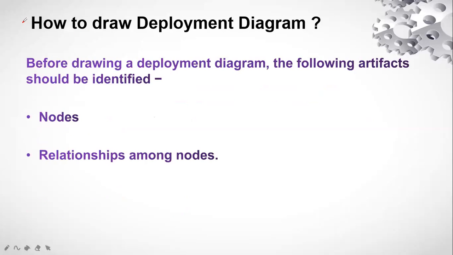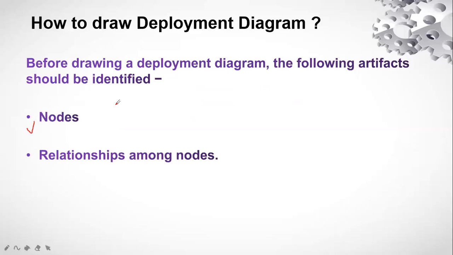Now let's understand how we can draw a deployment diagram. The first thing is you have to identify the nodes you are going to define for the particular system you are drawing the deployment diagram for. Then the second thing is you define the relationships among those nodes. There is nothing much in it.